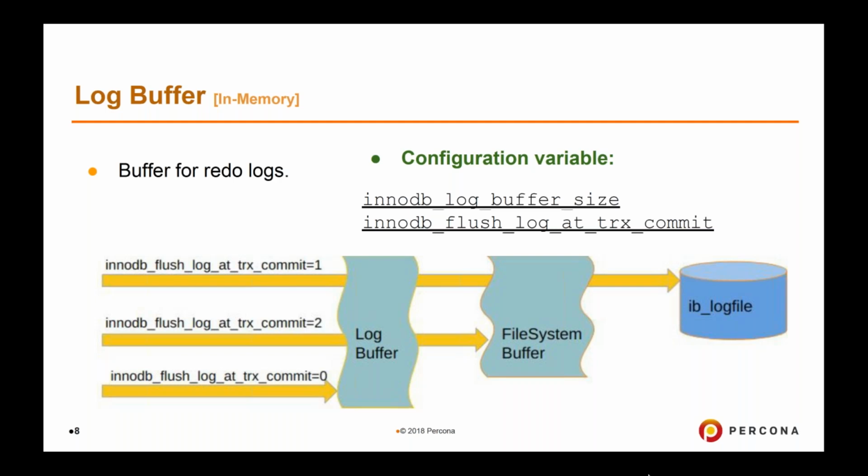And how does this flushing mechanism work? We have a variable in MySQL called innodb_flush_log_at_trx_commit. We can set the value as 1, 2, or 0. 1 is the default value from 5.7; earlier it was 2. Setting 1 is the safest one if you don't want to lose your transaction, and we'll see why.